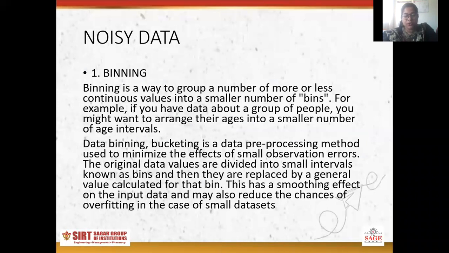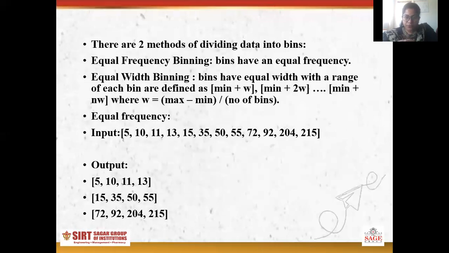Original data values are divided into small intervals known as bins, and then they are replaced by a general value calculated for that bin. This has a smoothing effect on the input data and may also reduce the chances of overfitting in the case of small data sets. Let us see that with an example.